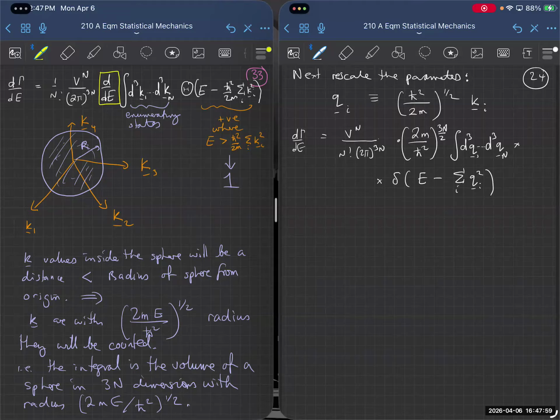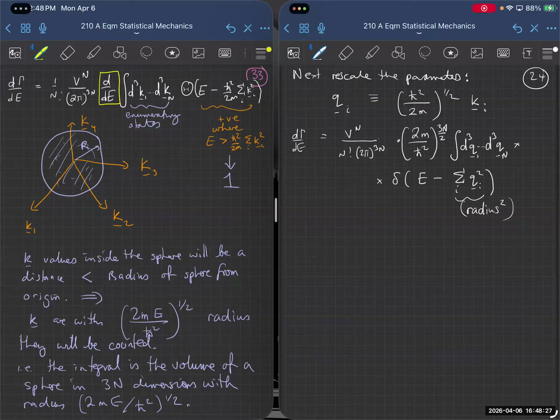We've got all the factors of mass and Planck's constant outside. All we have to do is do this integral, and you can see why this is the surface area. Whenever this thing is like the radius squared, and whenever the radius squared reaches the energy that you've chosen, you're going to get a blip.